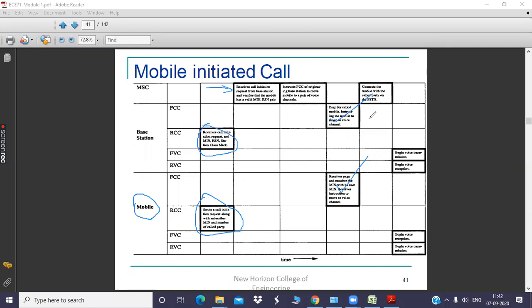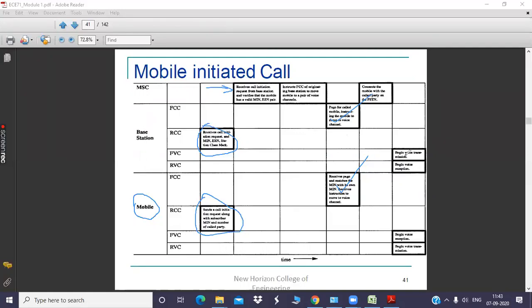Now we have established a voice channel. I mean, we have authorized a voice channel to a specific user or to two mobile users so that they can start the communication by making use of voice channels. So first, by making use of the forward voice channel, the base station will send the voice information to the mobile user and the mobile user can respond back.